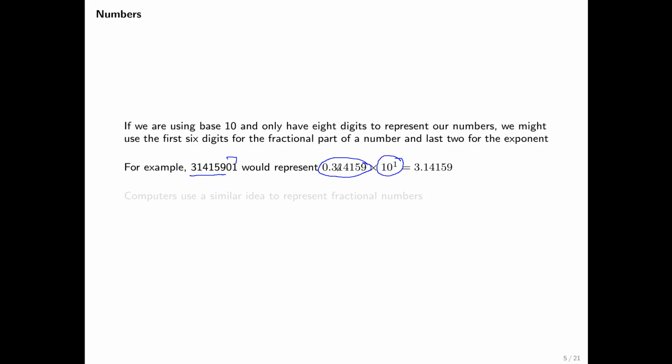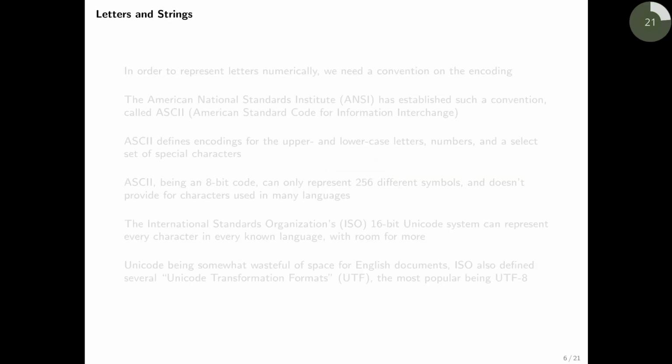So what is this then? Well, it is simply 3.14159, and that is an approximate value of pi. So this is how, using a convention that we come up with, we represent a real number on a computer just using an integer. Computers use a similar idea to represent fractional numbers.